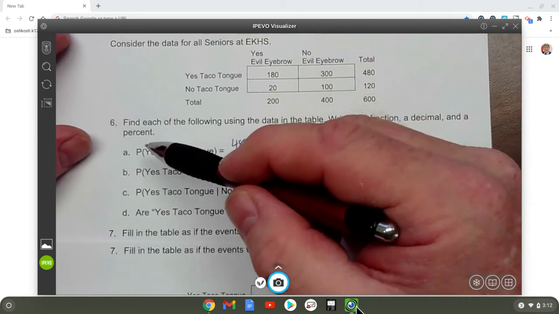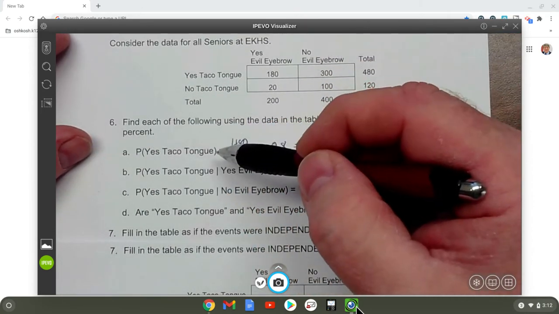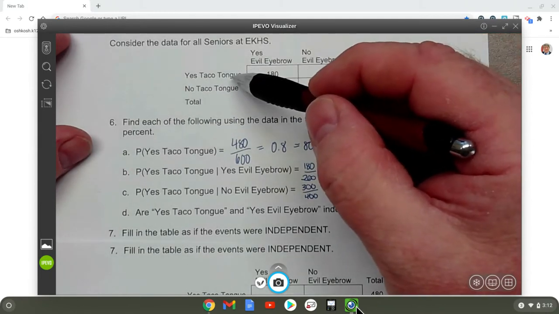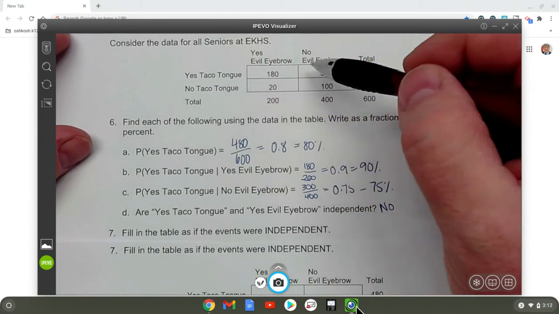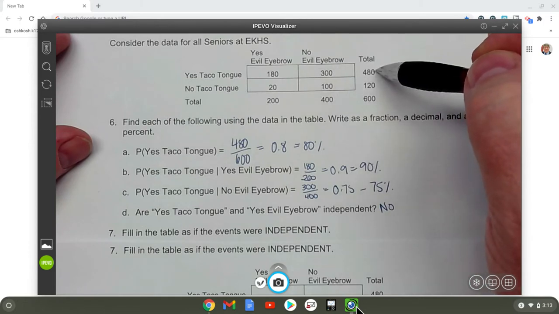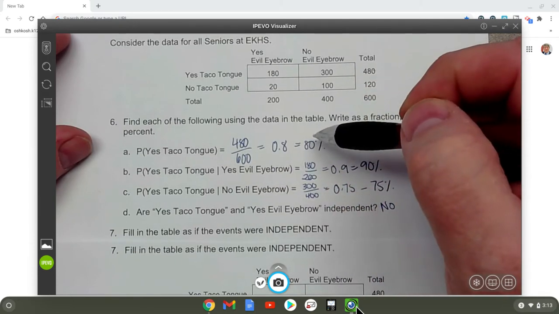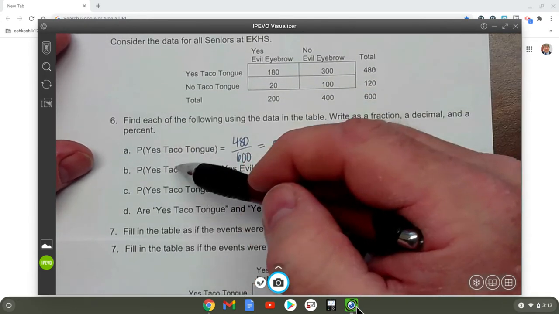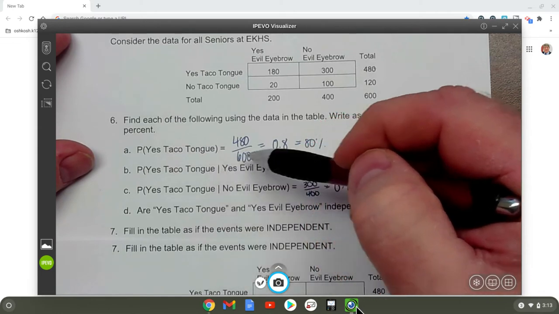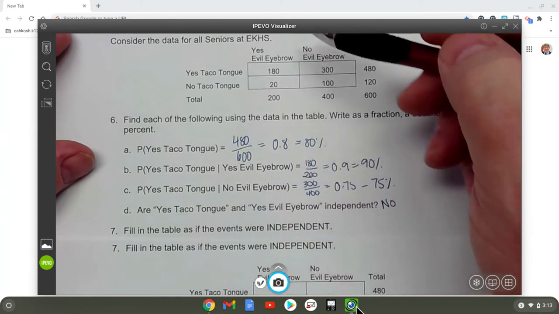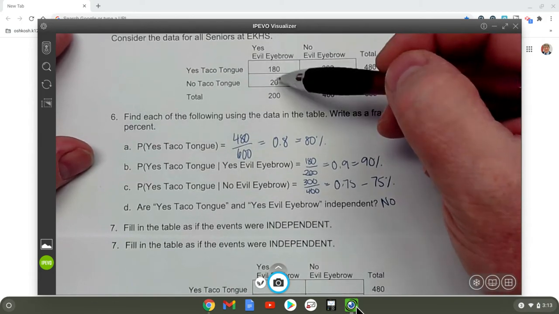So first of all, the probability of yes for taco tongue. Yes for taco tongue is right here. There are a grand total of 480 students that have taco tongue. So that'd be 480 over 600, which is 80%. The probability of yes for taco tongue, given that it was first yes for evil eyebrow, then we're going to be looking at the yes for evil eyebrow.